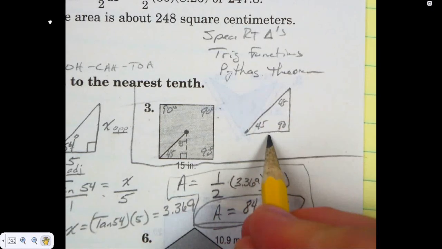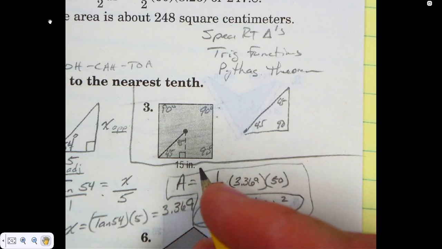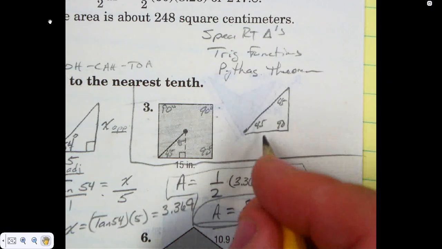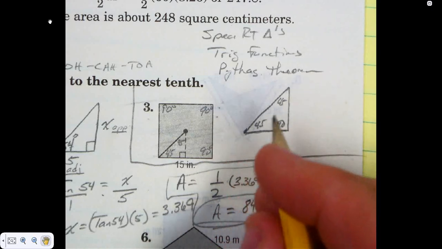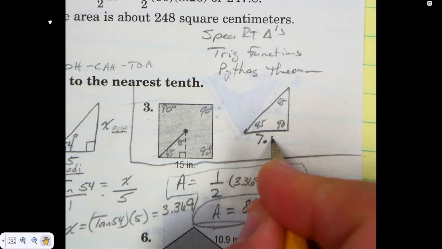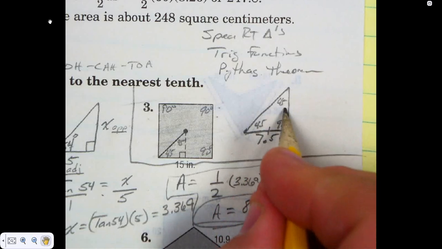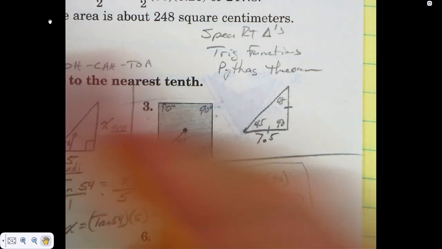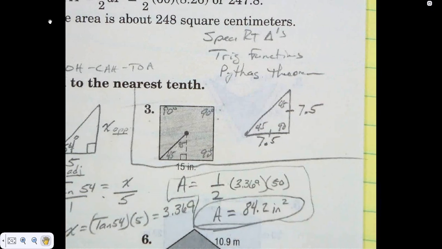What is this side right here if the whole thing's 15? Can no one know 15 divided by 2? 7.5. Now here's the nice thing. What do we know about the legs in a 45-45 triangle? They are equal. So what's the apothem? So you didn't have to do anything crazy there. You ought to like having those, right?